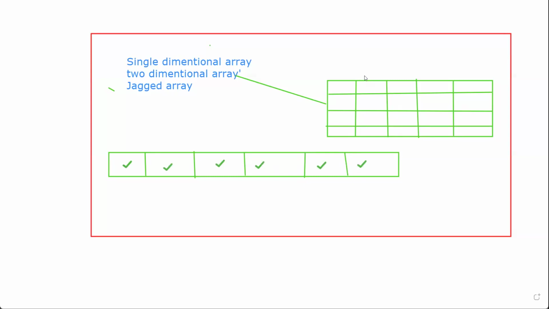However, if you would like to organize the data in rows and columns format, a single dimensional array is not flexible. Instead of generating the memory locations in a sequential flow, if I need 6 memory locations, I would like to generate them in the form of rows and columns. See, memory locations are 6 only, here also 6, here also 6.